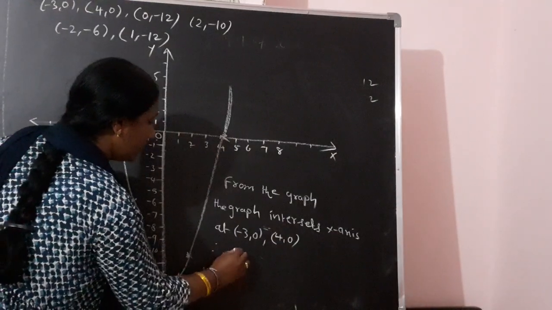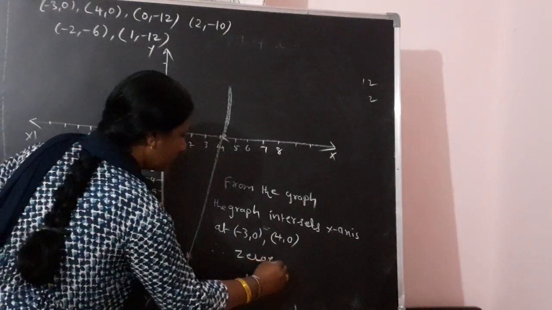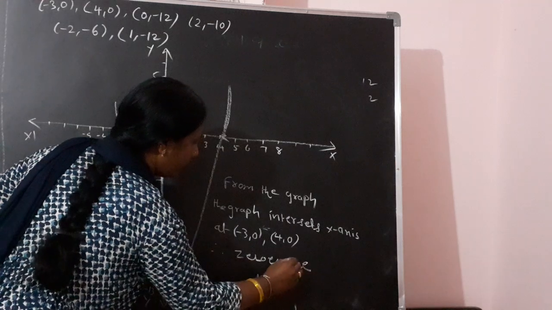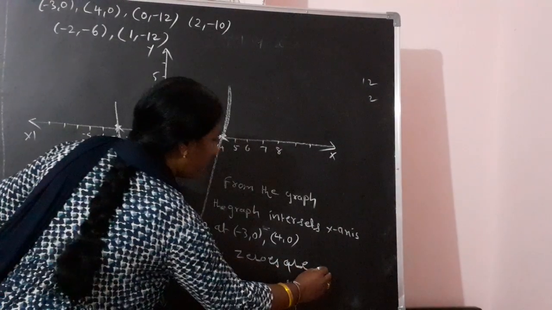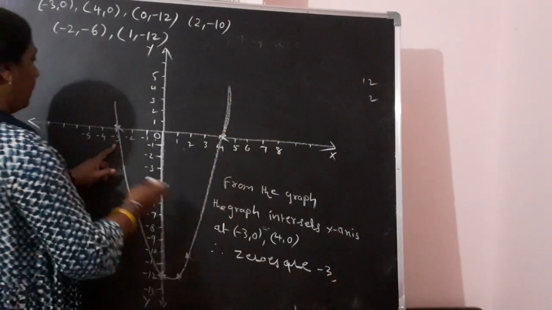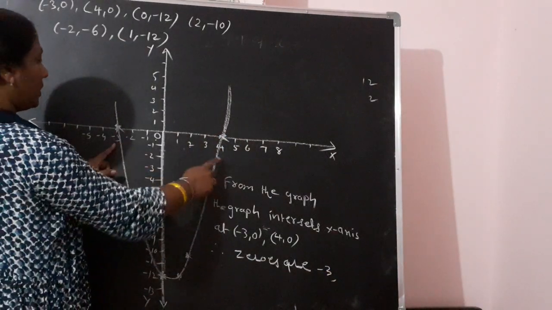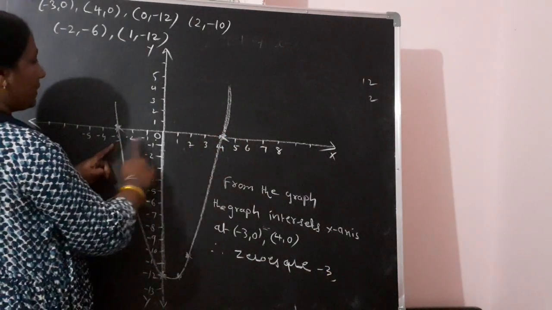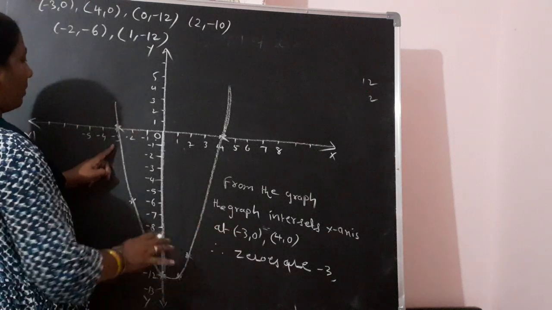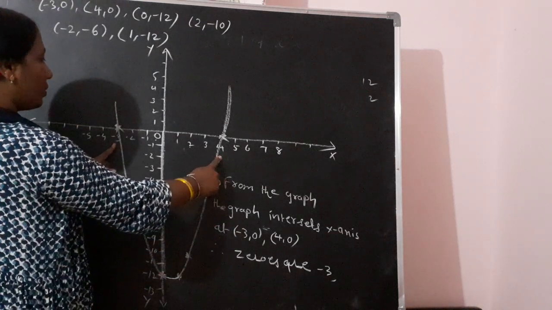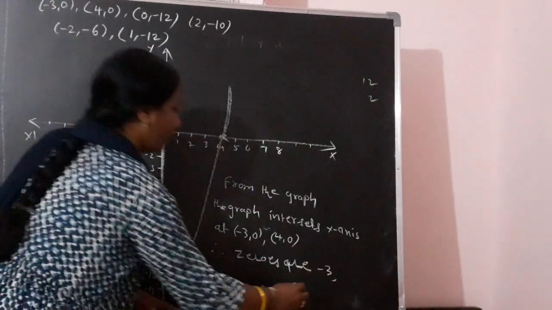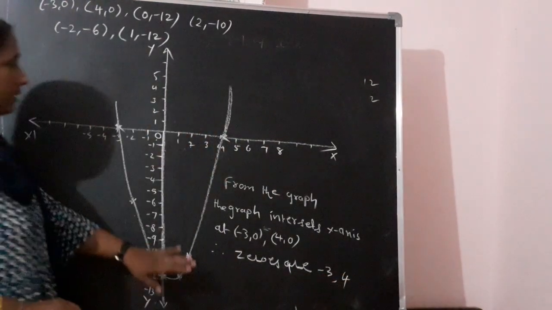So therefore zeros are where the graph is intersecting. Those are zeros. Okay. Simply, if you have to write first, from the graph zeros are -3, 4. Enough. If you get any problem, you must write this. Okay. So from the graph zeros are -3, 4. This is it.